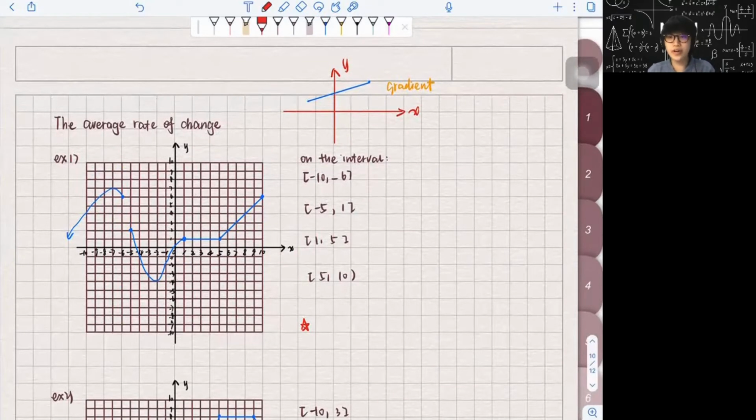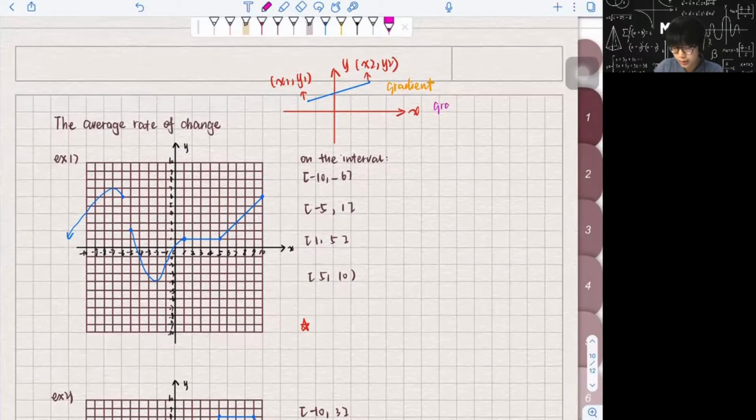And how do we calculate the gradient? Well, let's label this point as x1, y1, and this point x2, y2.